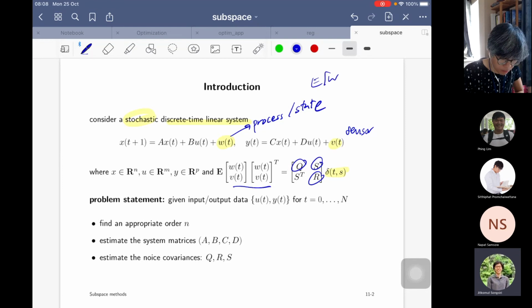The correlation of W_t and W_s is 0 when t is not equal to s, and the covariance is given by Q and R.